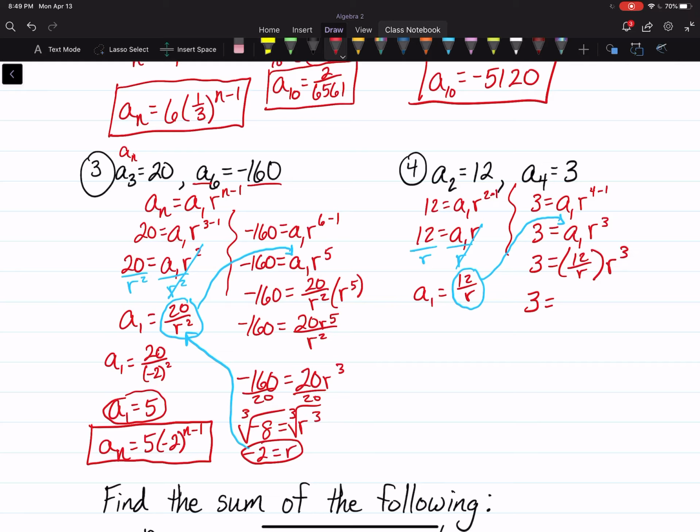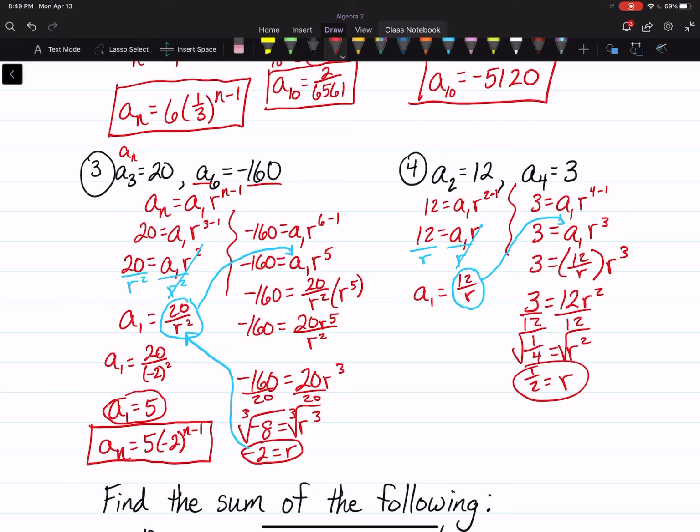Again, that will reduce to 12r squared. R to the third over r would be r squared, and we divide by 12. We get 1/4 equals r squared. To get rid of a square, you take the square root. And final answer, 1/2 is my r.